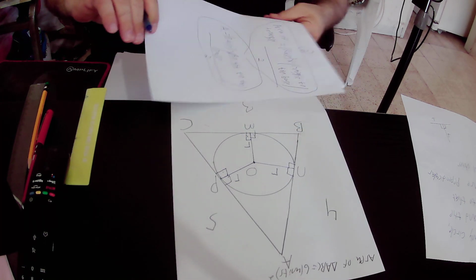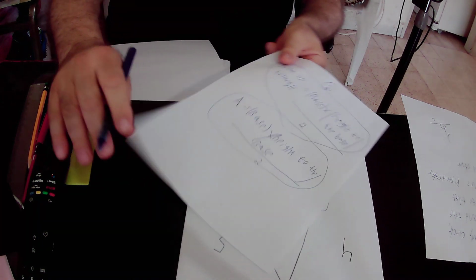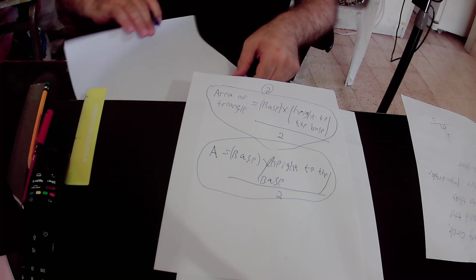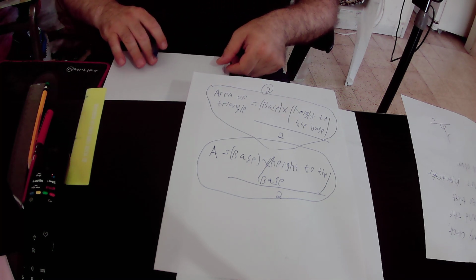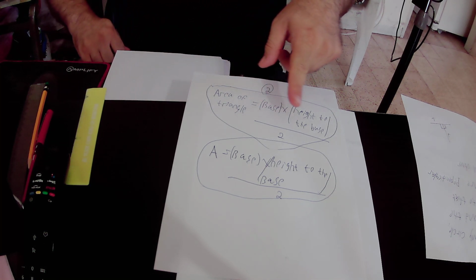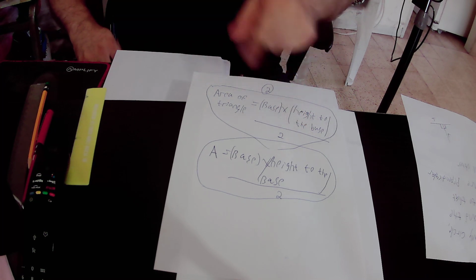Again, the area of any triangle, A, equals the base times the height to the base divided by 2.